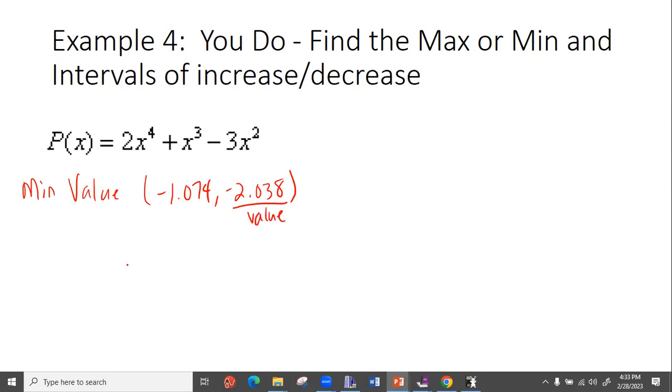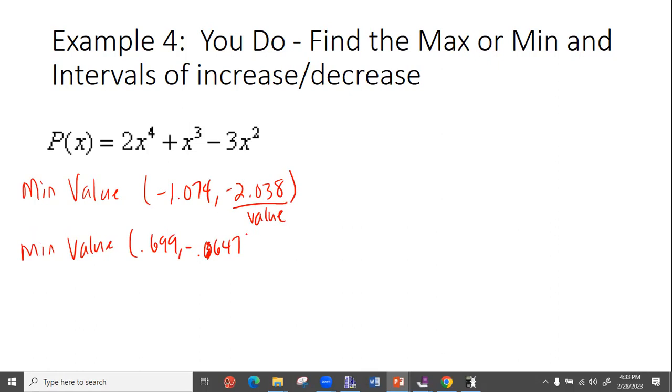The other min value that we had was at 0.699 and -0.0647. Ignore this 0. I can't get to my eraser for some reason.